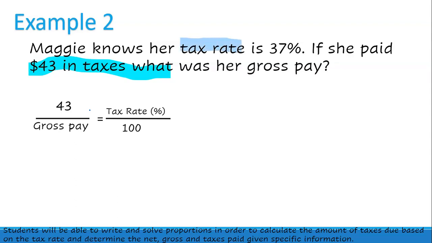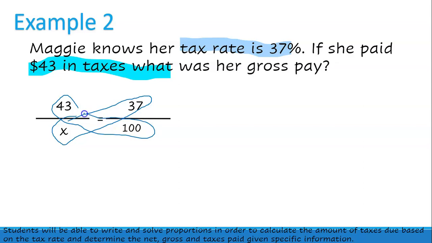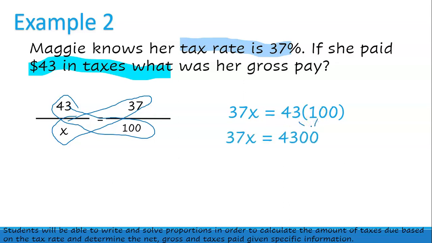No. We know her tax rate was 37. And then we cross multiply. So we have 37x equals 43 times 100. We do our Cameron where we multiply 43 times 100, and then we divide by what's with x.